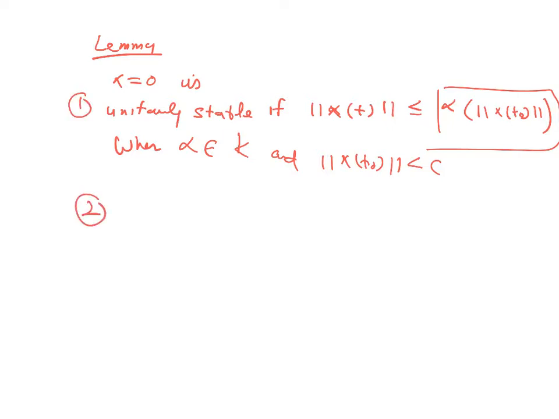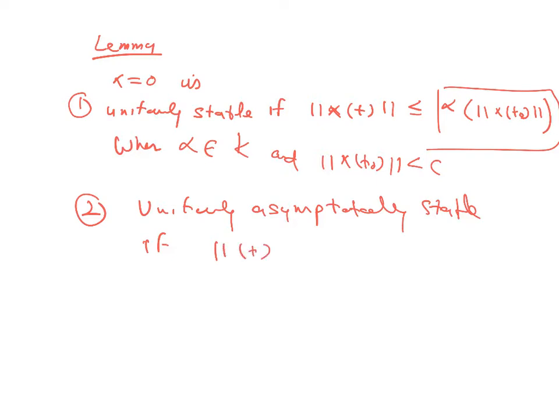And second, it is uniformly asymptotically stable if your x of t can now be written as beta of x of t0 and t minus t0. So this is r, this is s.